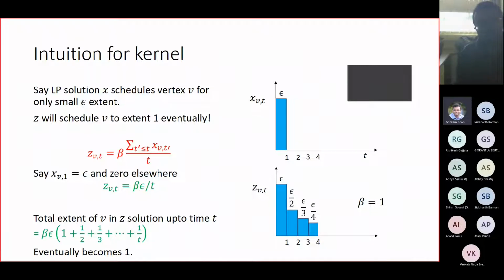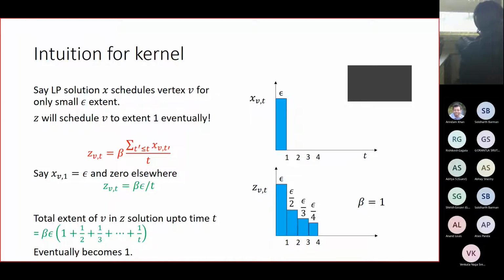Another question: why do you choose this particular type of kernel? As you see, you have the harmonic series, but you can possibly have something like 1 plus half plus 1 by 2 squared and so on. What is the reason to choose this kind of function? It's a great question, actually. In fact, for vertex cover we will do what you said. This is for set cover, when hyperedges have size potentially more than 2. For vertex cover we will use something close to what you said, something like 1 over t cubed.